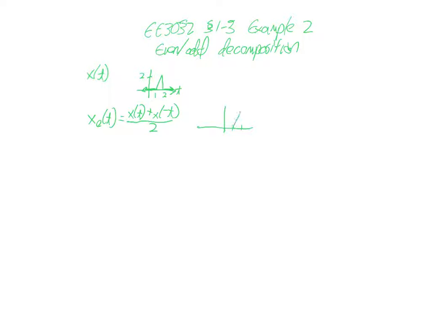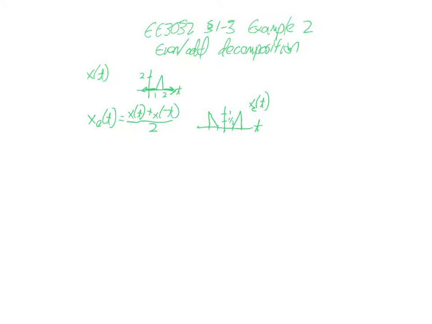I have the original signal, and then I add it to the time reversed version, and then I divide that result by 2. So instead of being 2, this now has a height of 1/2. So that's my x_e of t.